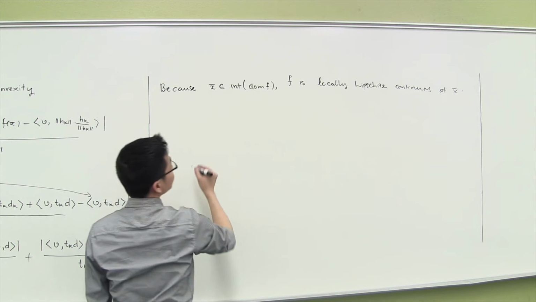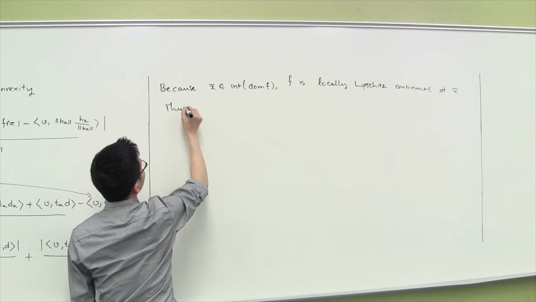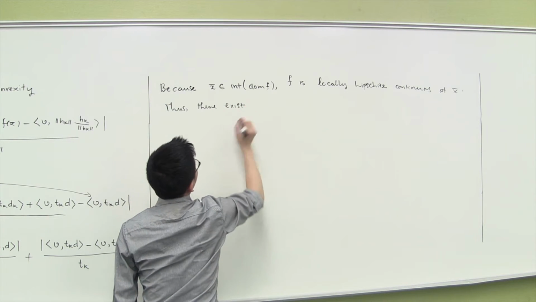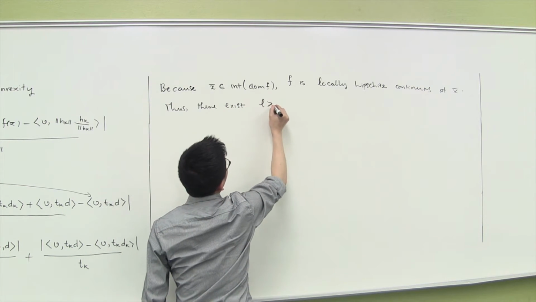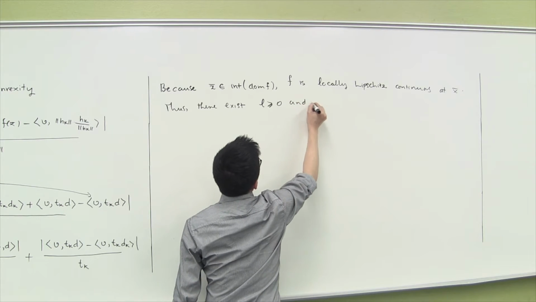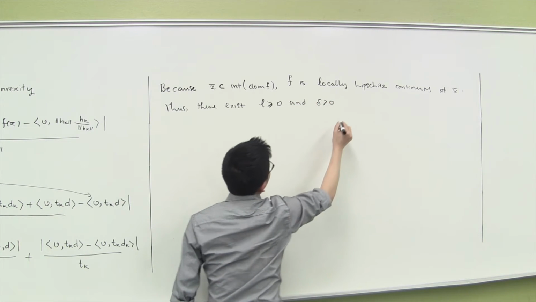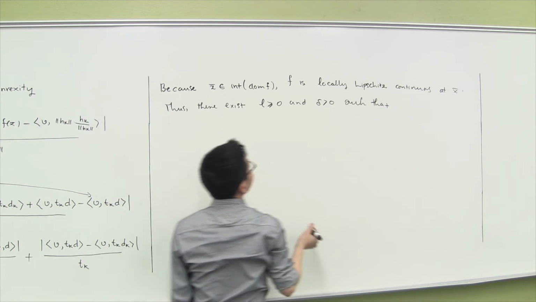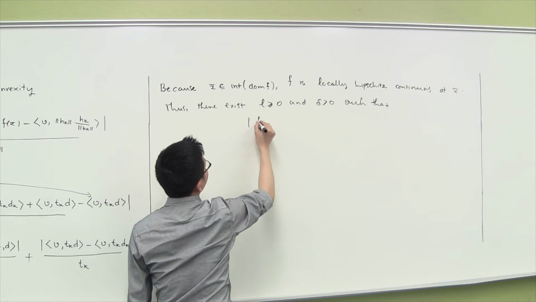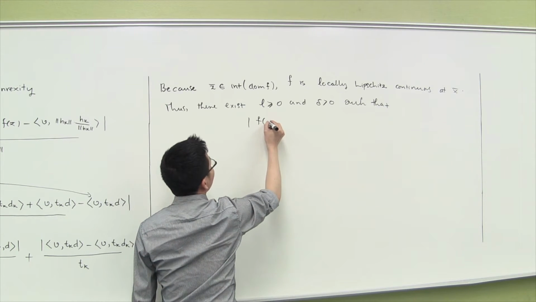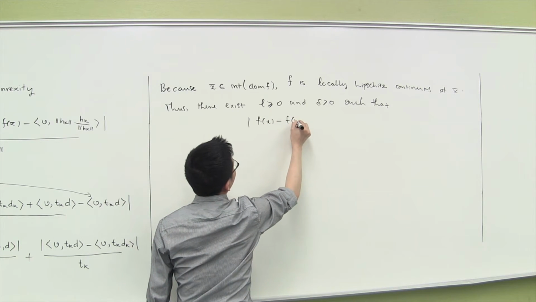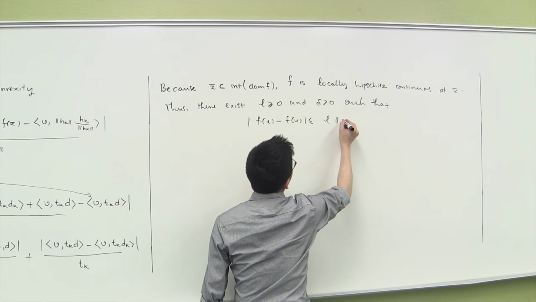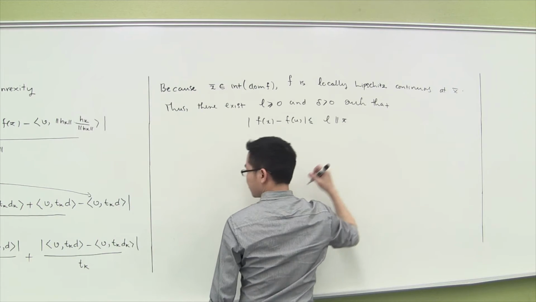Thus, there exists L greater than or equal to 0 and delta greater than 0 such that the absolute value of f of x minus f of u is less than or equal to L times norm of x minus u.